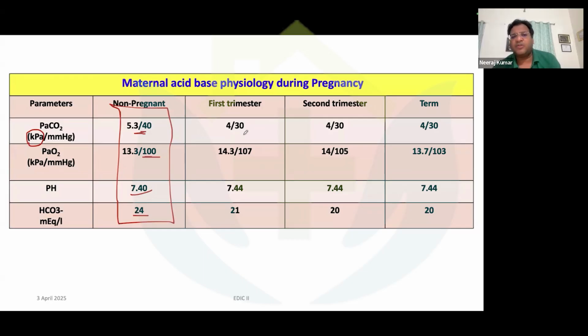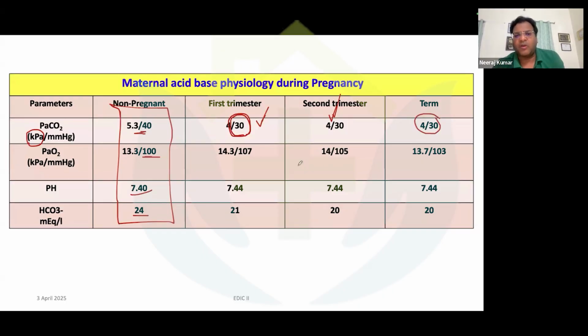We have already discussed that, because of the increase in minute ventilation, the PCO2 in the blood is decreasing, and it is around 30 millimeters of mercury.